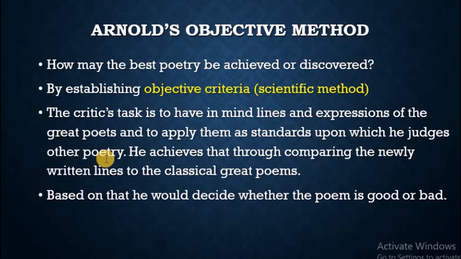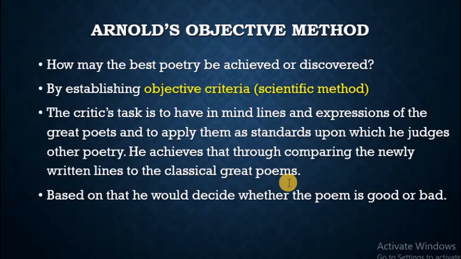When he is going to judge the new poem, he is going to compare it with Shakespeare's poem, so that he knows whether it is good or bad. Can it reach the level of good poetry, just like Shakespeare's? He achieves that by comparing the newly written lines to the classical great poems.